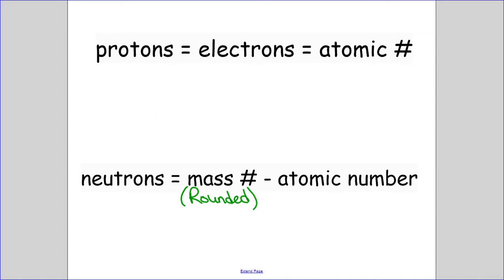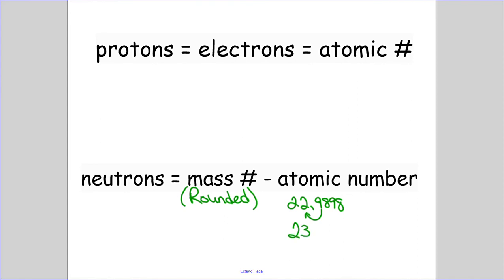So for instance, if I were taking a look at sodium on our periodic table, I can see sodium is 22.9898. That's going to round. If I take it to the nearest whole number, it's going to take that 9 and bump this up to a 3, so it'll become 23.